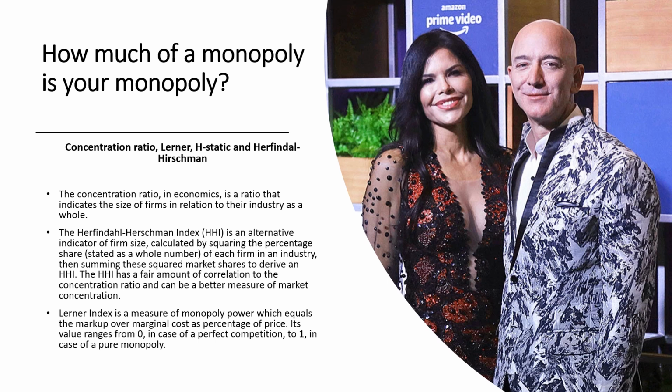So the concentration ratio indicates the size of firms in relation to the industry as a whole. And you can see that over the years, Dangote has actually lost, or the concentration ratio has reduced relative to the industry size as a whole, not increased.